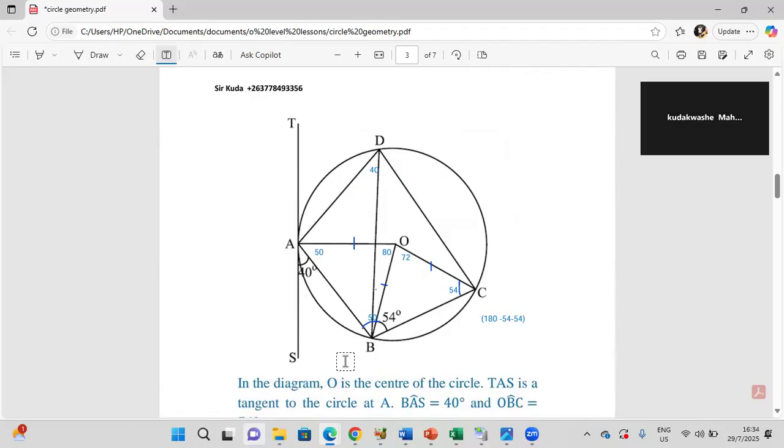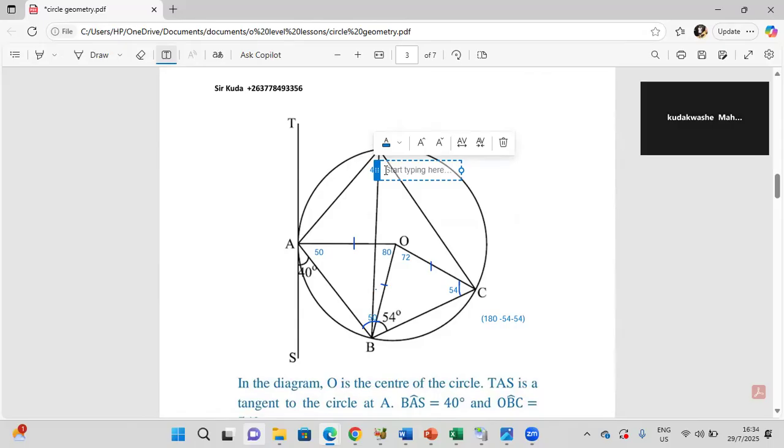Then which other angle can we also talk about? There is a triangle here, which is going to the center. Take note, BOC is a triangle going to the center. Then BDC is a triangle going to the circumference. So the angle going to the center, remember we said it's 2 times the angle going to the circumference.